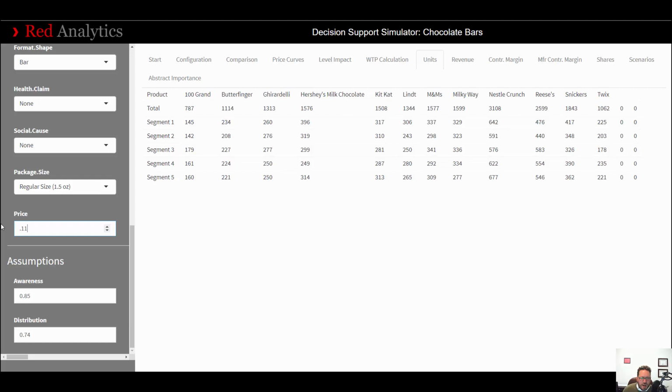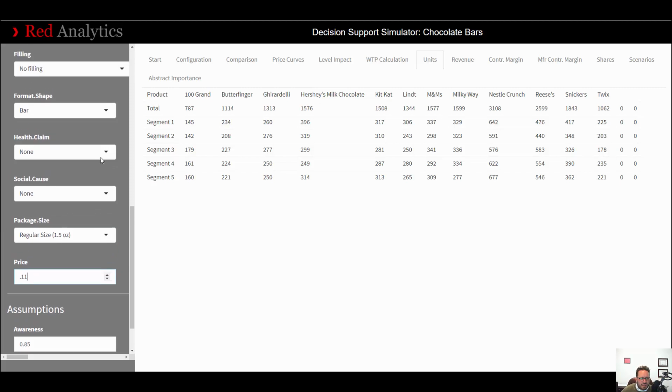So now what this is telling us is if we take the Butterfinger bar and make it white chocolate instead of milk chocolate, we would need to lower the price down to 11 cents to have sales stay constant. And that is going to be a difference of 88 cents. So here we'd say consumers are willing to pay 88 cents less for a Butterfinger with white chocolate.